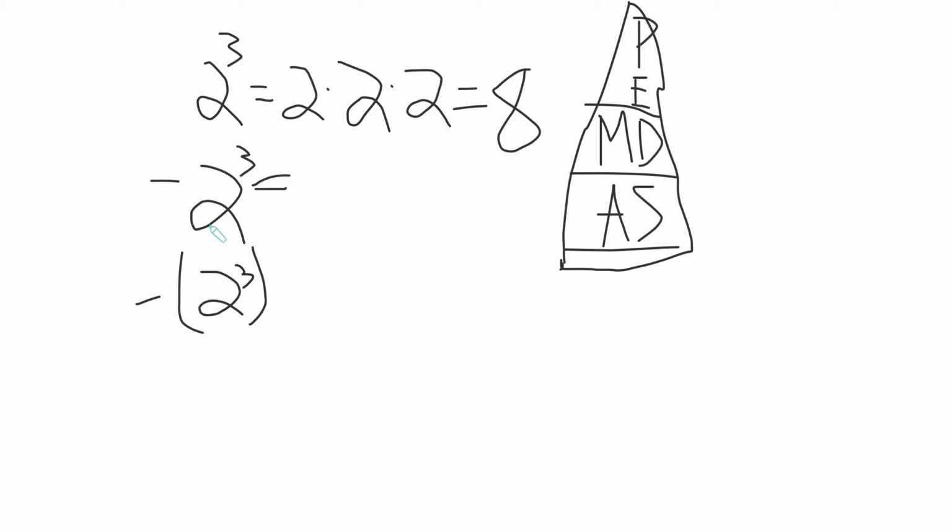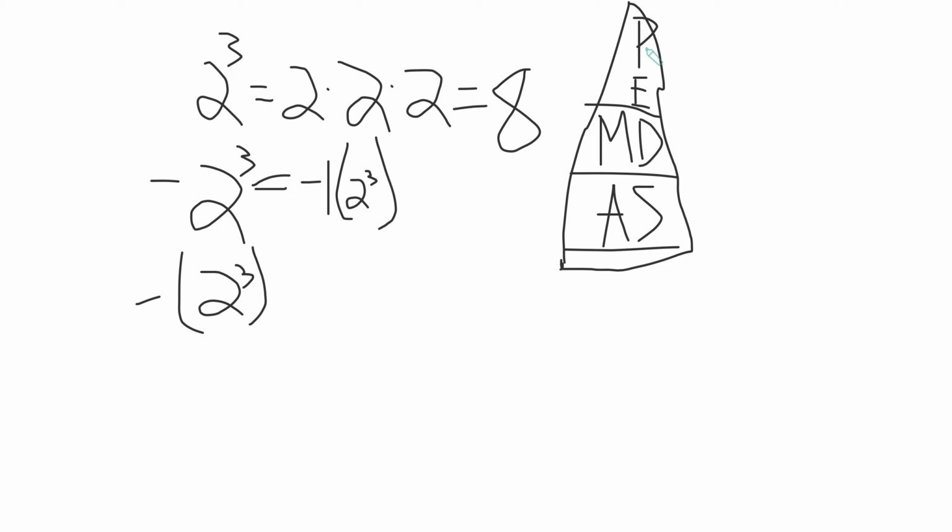So 2 cubed, and then essentially what this is, is negative 1 times 2 cubed. Well, obviously, since parenthesis is first and exponent is next, right? Well, this is a parenthesis and it's an exponent, right? So we know that's going to be first.